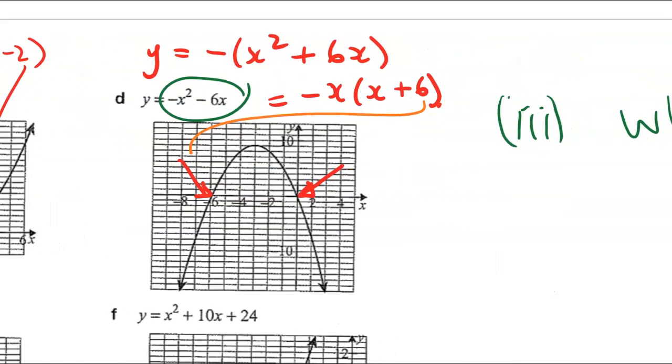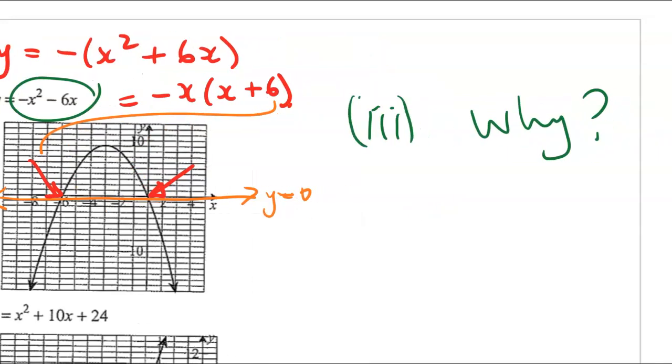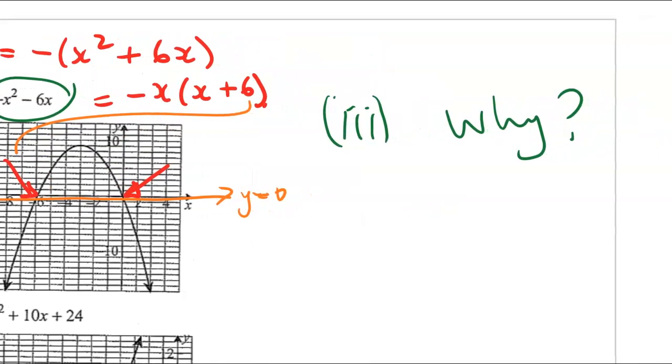It's got everything to do with the fact that on the x-axis, what is your y value? The y value is always 0. y is always 0 on the x-axis. So it's all about a connection between this function and solving that equal to 0.